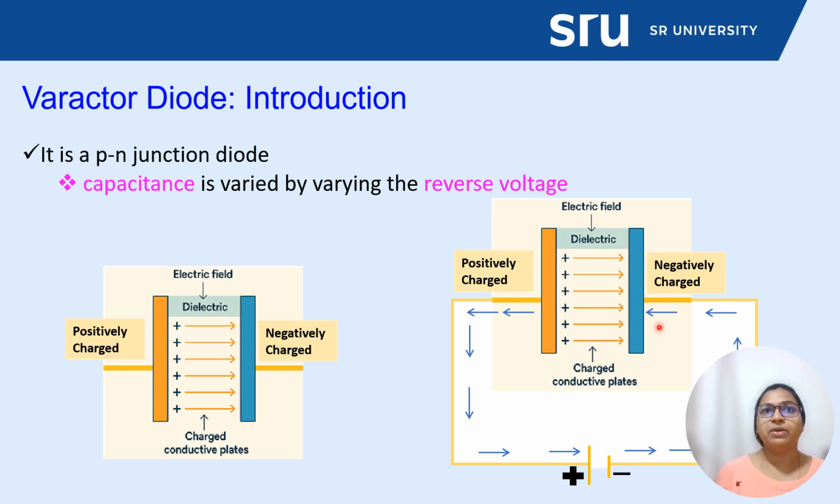So what will happen if the voltage is applied in this way, with the negative terminal of the battery connected to the right side plate and the positive terminal connected to the left side plate?